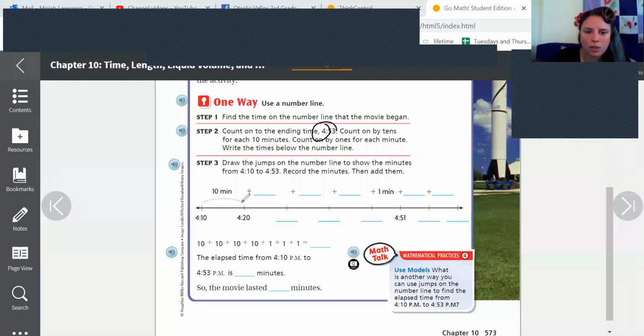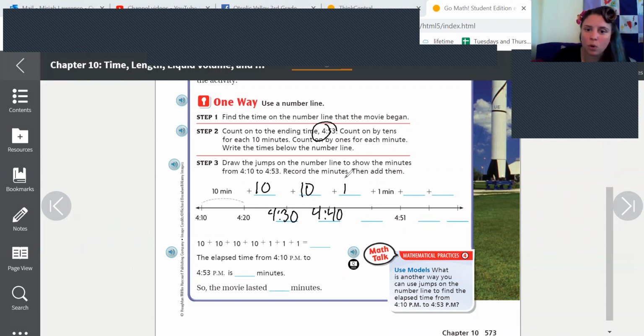So if we go forwards 10 minutes, 4:10 plus 10 is 4:20. We go one more, it's gonna be 20 plus 10 is, you got it, 30. We add 10 more, 30 plus 10 is 40, good.